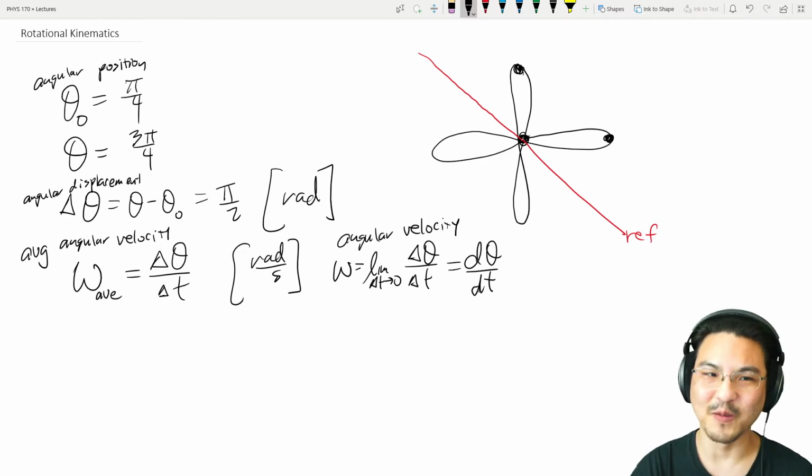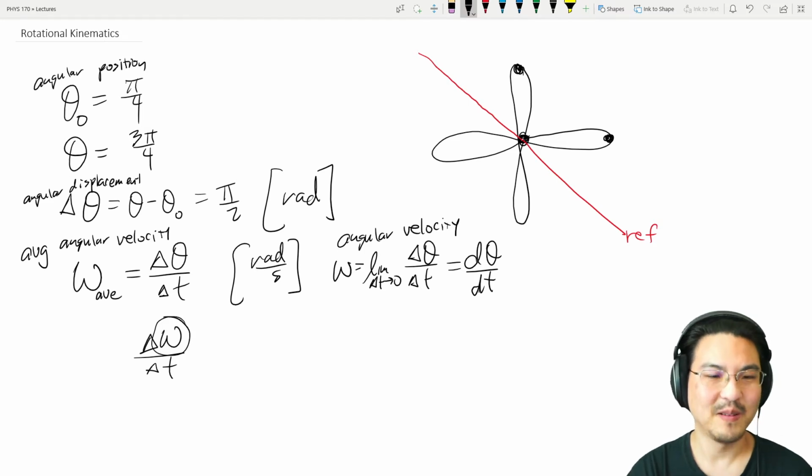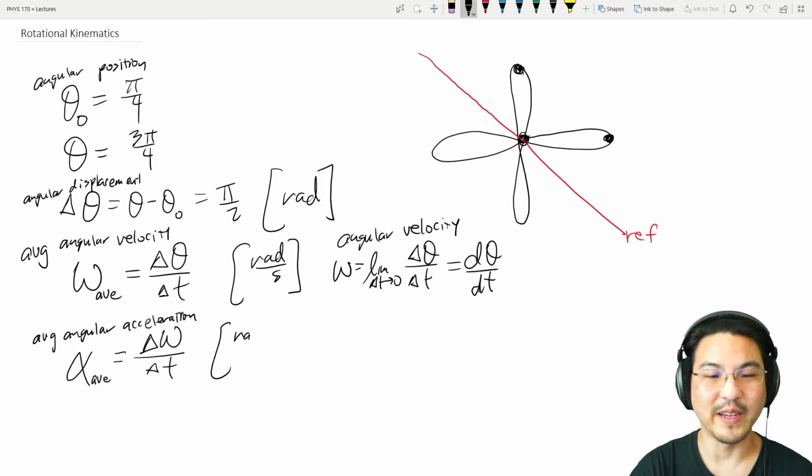And then, new vocabulary, if you take delta omega over delta t, so this is for angular velocity, this is called average angular acceleration. So this would be radians per second squared.